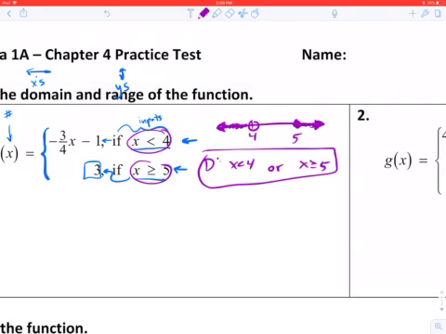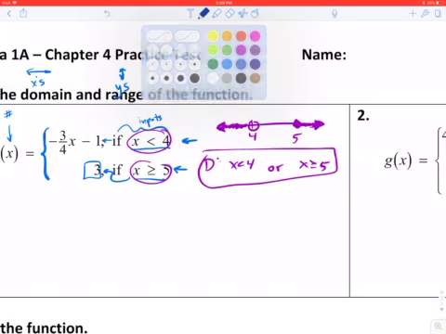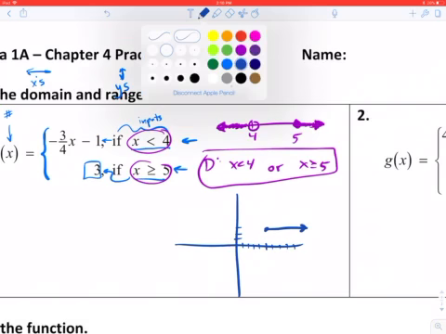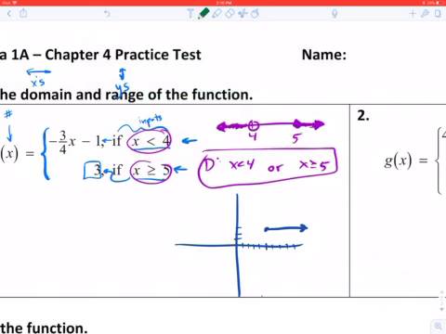That's my domain. Now my range is a little bit tougher, a little bit more work involved. Not necessarily from my second equation, because if I was to graph that, 1, 2, 3, 4, 5, anything 5 or bigger is going to be 3, and that's it. So 6, 7, 8, 9, anything in between will be 3. So what I really have to consider is that top equation.